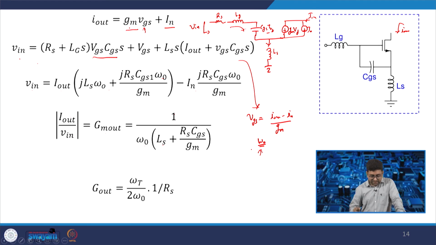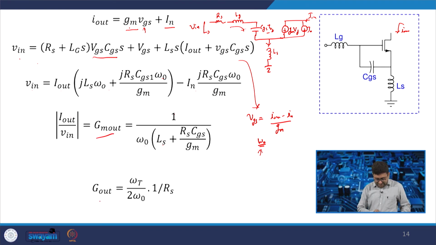During resonance we will have I out by V in, that we can mention as 1 by omega naught into (Ls plus Rs). So, omega naught we can take out, and the other term will be 0. That is why we are considering only this Ls plus Rs Cgs into Gm, that is Gm out.